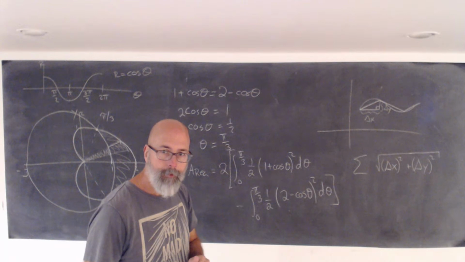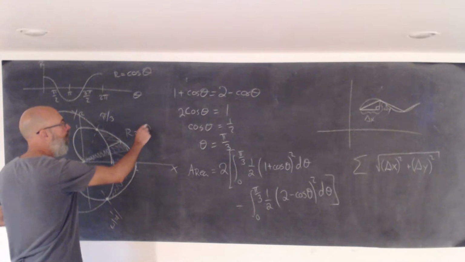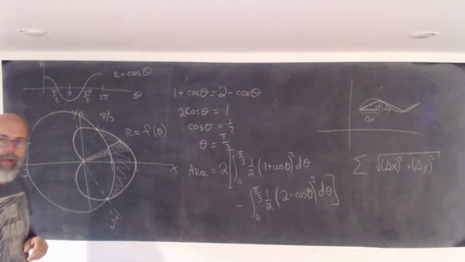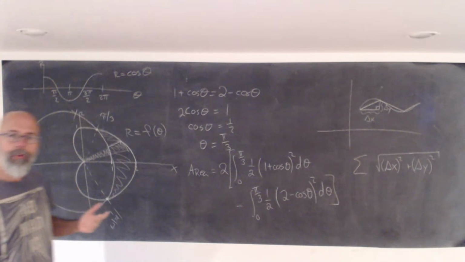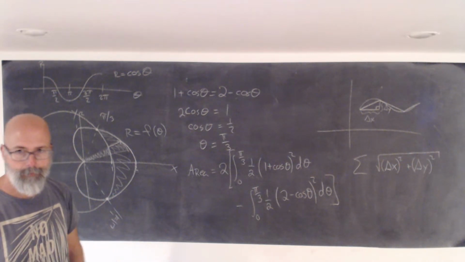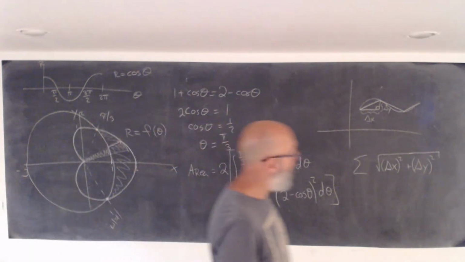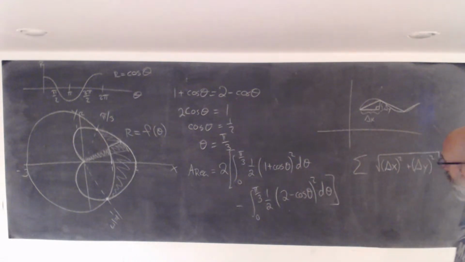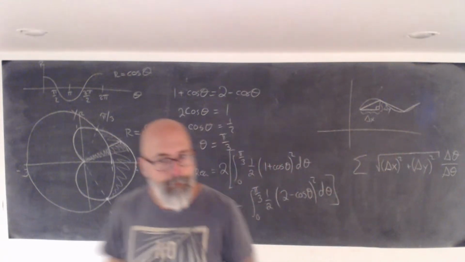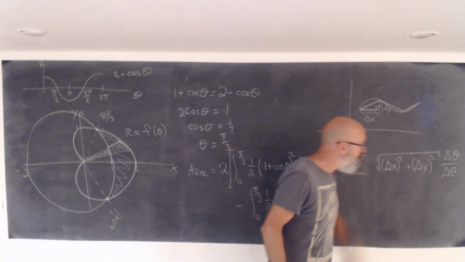But here, what are we graphing? We're graphing r as some function of theta. So we don't want a delta x nor a delta y. We want a delta theta, because everything depends on theta. Well, there's no delta theta anywhere to be found, so let's introduce it. Multiply by 1, delta theta over itself. You multiply by 1, you're not changing anything. And now bring this into the square root.